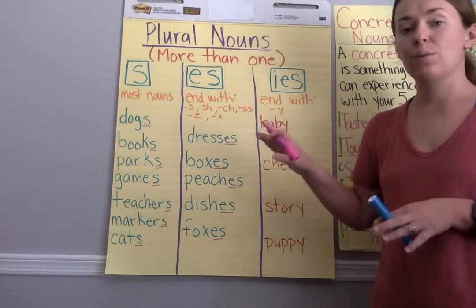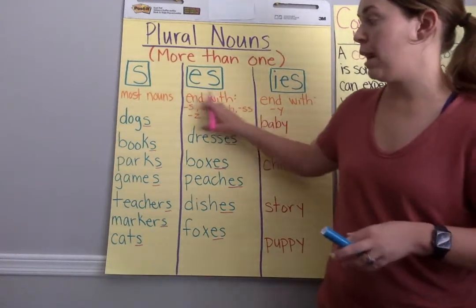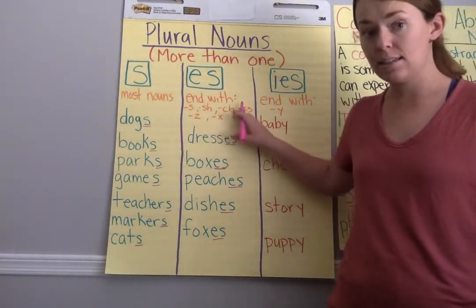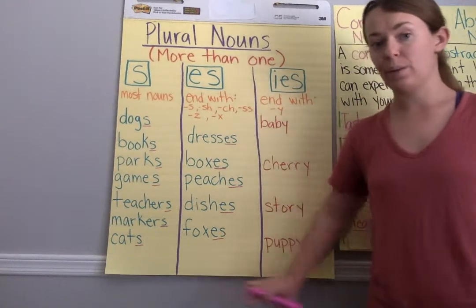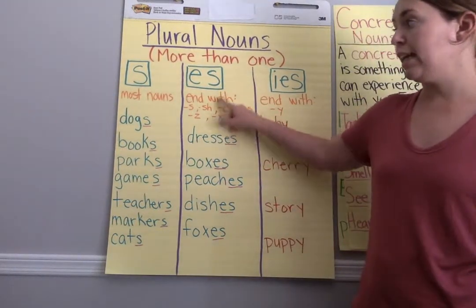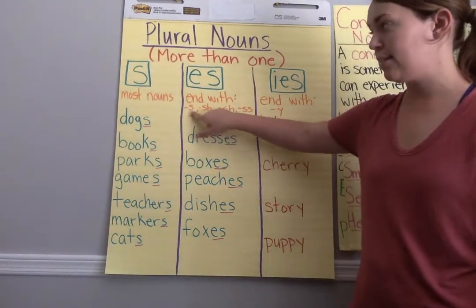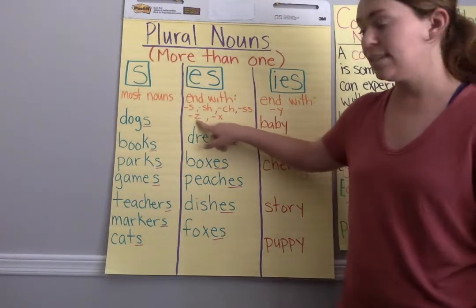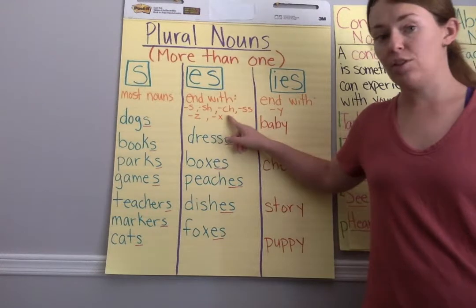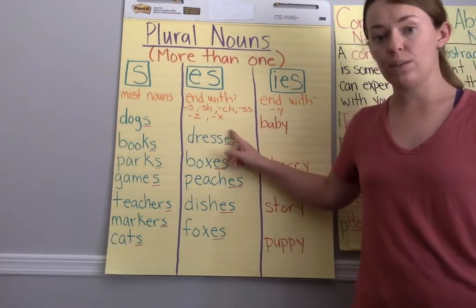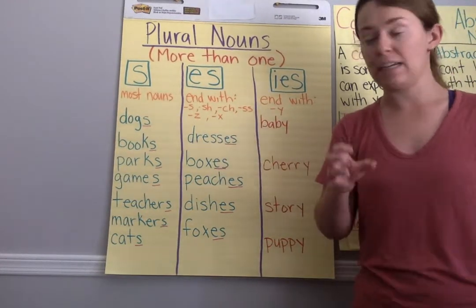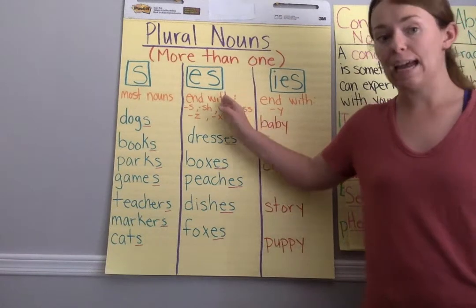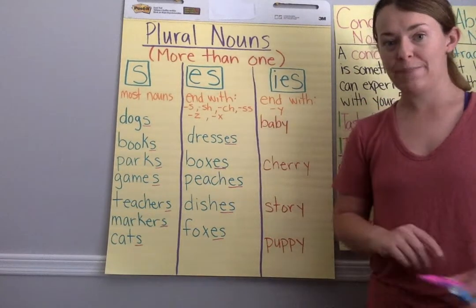So that's how we turn the nouns that end in these into plurals. So again, for ES, it's any noun that ends with S, SH, CH, SS, Z, or X. If your noun ends in one of those letters or letter combinations, you're going to add ES at the end to make it plural. Okay?